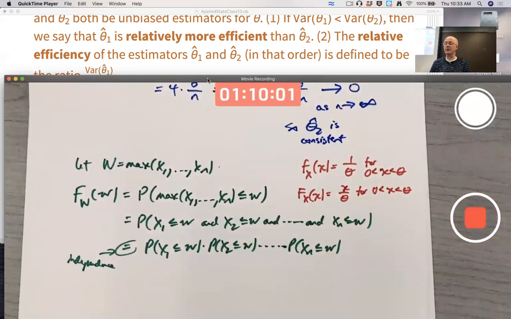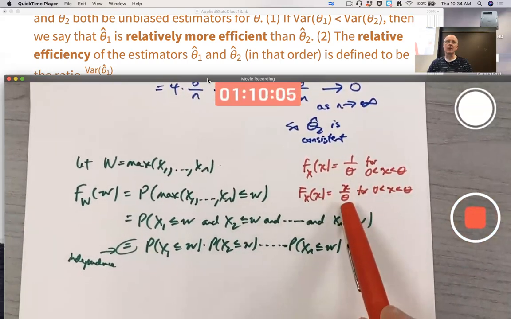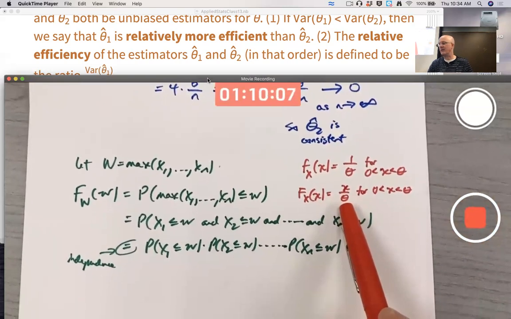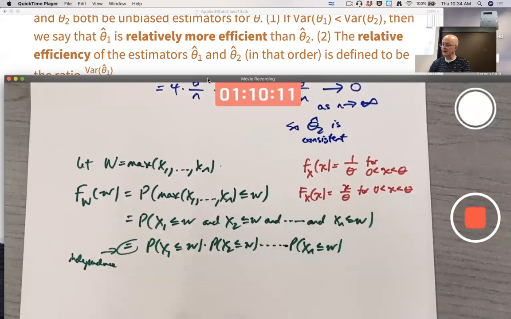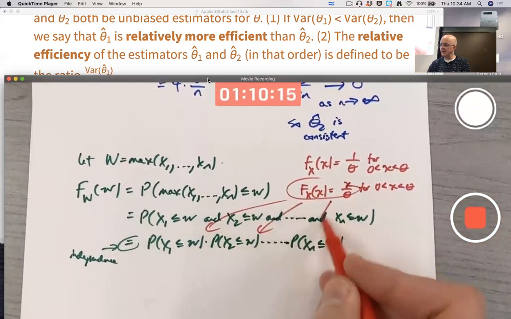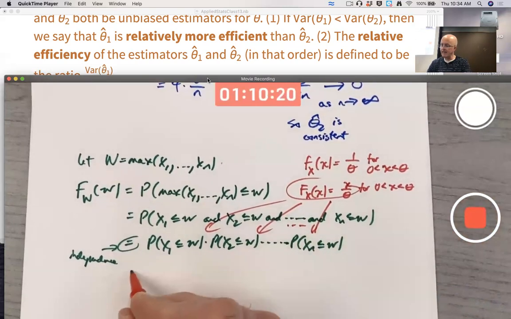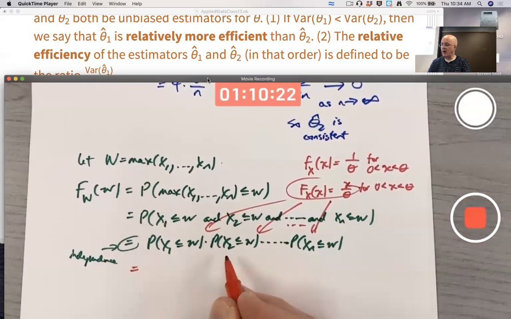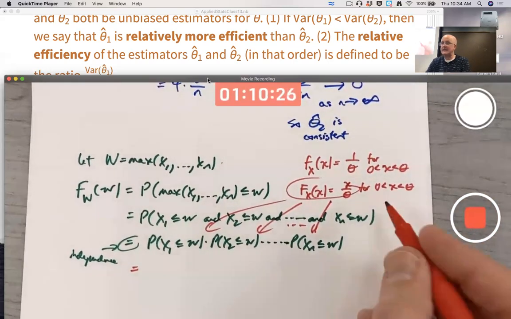Right? An integral in my head. Of course, it's 0 when X is less than 0 and 1 when X is greater than theta, but I'm not worrying about writing these as piecewise. So that's the function I use for each of these, because X1, X2 through Xn all have the same distribution as X. They all have the same CDF.